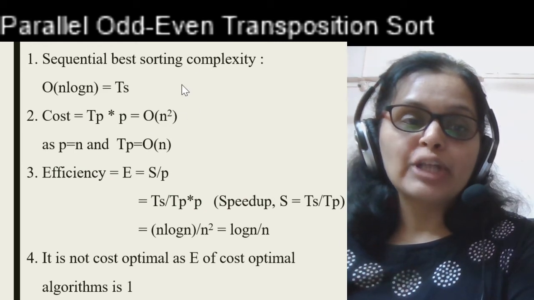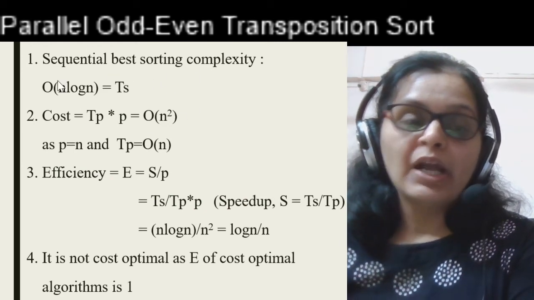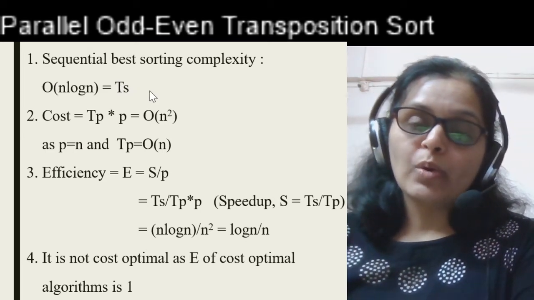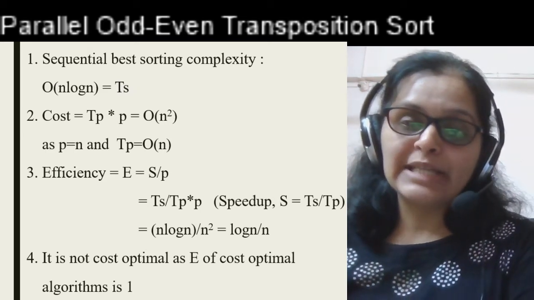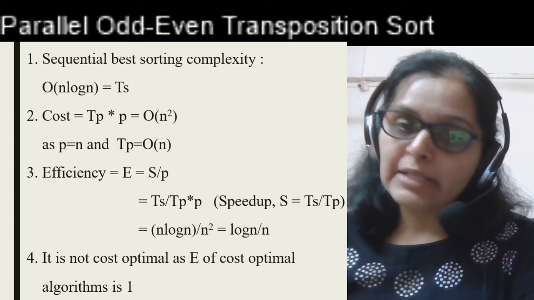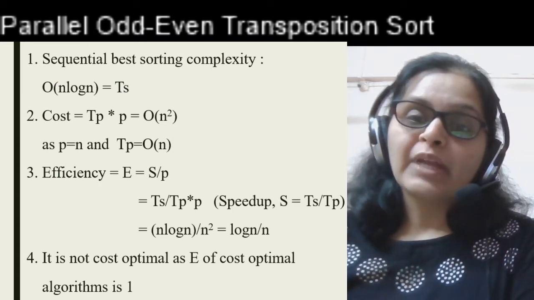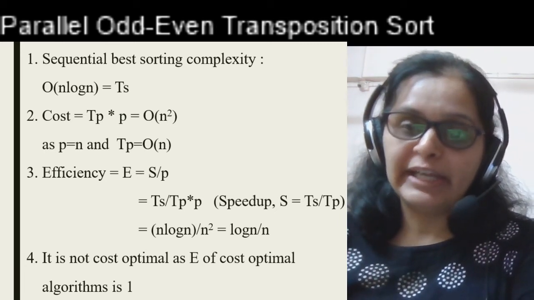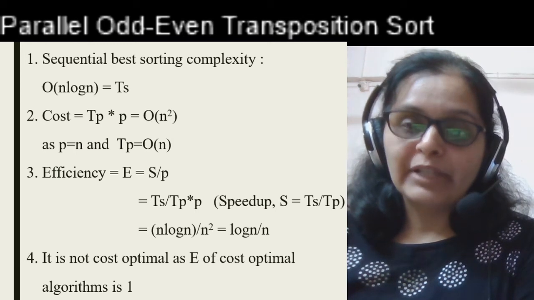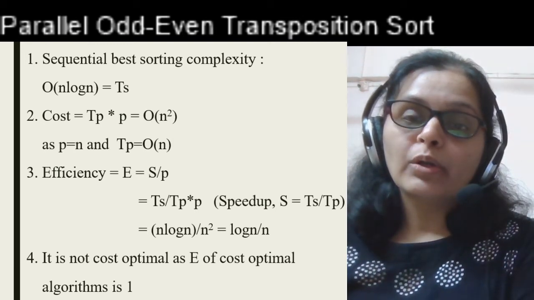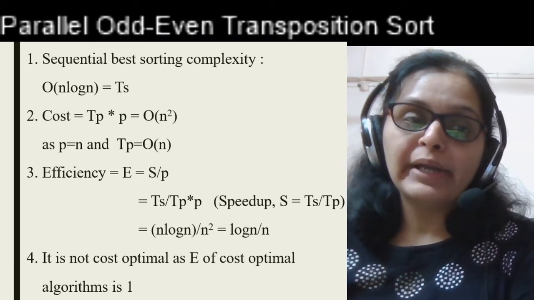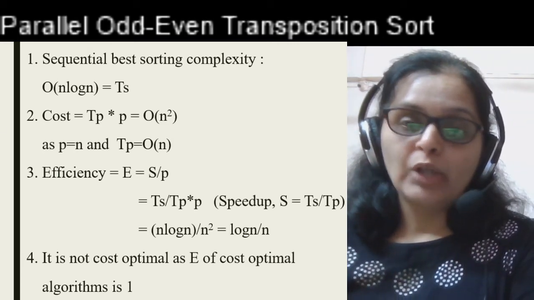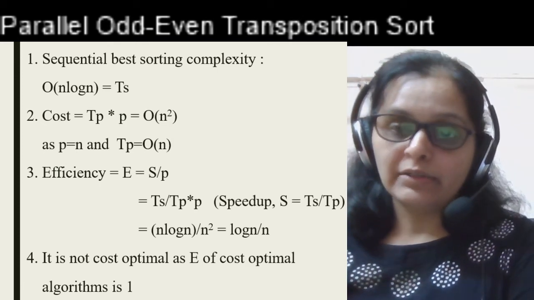So the sequential best sorting complexity is n log n, that is TS. As we have learned in the HPC course, when we are evaluating these performance metrics and comparing TP with TS, that is parallel runtime with serial runtime, we should compare it with the best sequential algorithm, not any abstract algorithm.